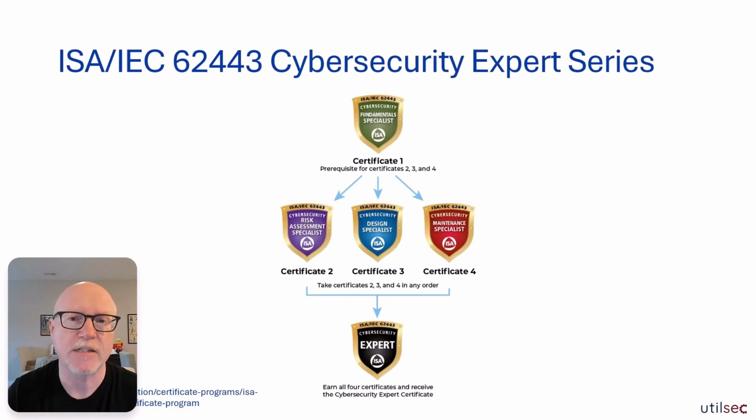They'll never need to go get certified unless a client actually requests it. With the ISA 62443 series for the certification, if you do pass all 4 exams and you complete all 4 courses, then they give you what they call the ISA IEC 62443 Cybersecurity Expert Certification.